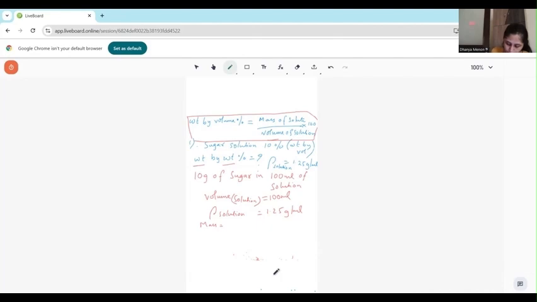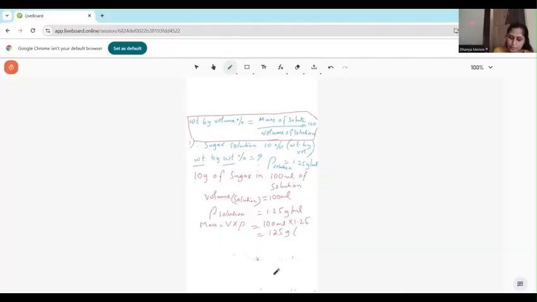Volume times density, which is 100 ml times 1.25. So how much do you get? 125 grams of the solution.